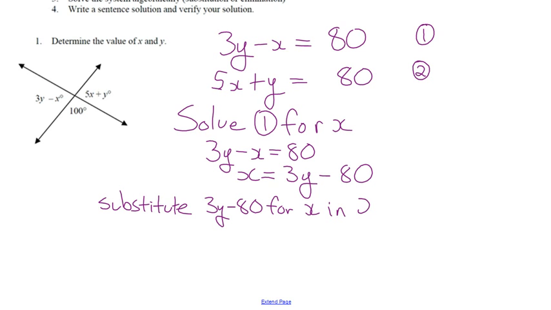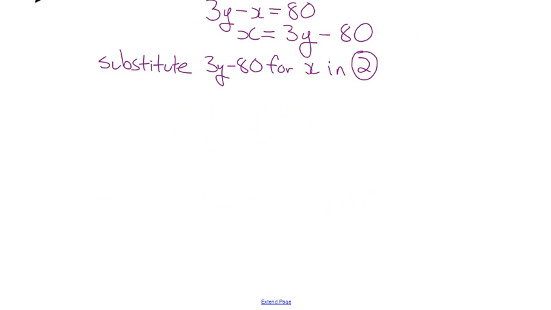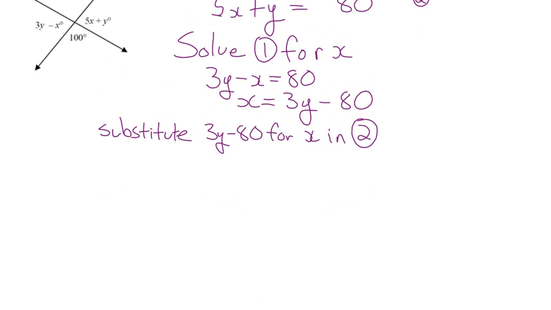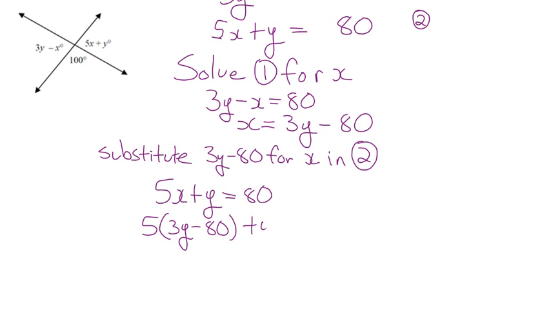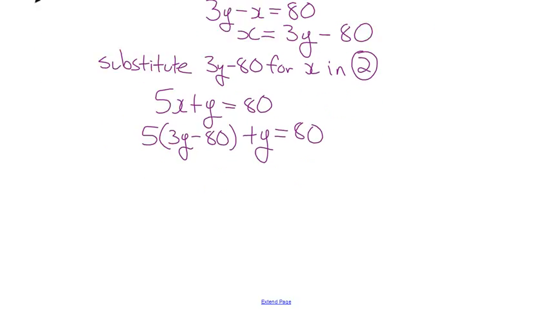We've already used 1, so we can't use 1 again. Okay, so what's 2? 2 is 5x plus y equals 80. So this is 5 times (3y minus 80) plus y equals 80. So now we have an equation just in one variable, right?